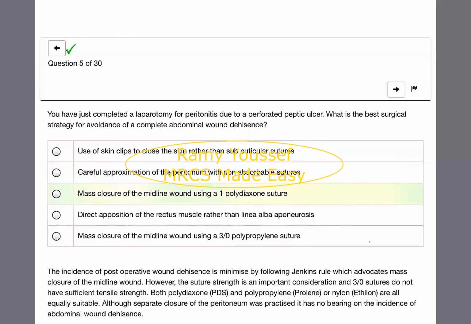The loop will be exactly a double with one needle here, so it will help you in making locking during your work. So protect against abdominal dehiscence by mass closure with one PDS.